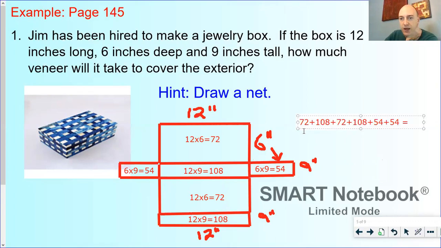And when you add these together, actually let's do this, 72 and 108 is 180. So 180 and 180 is 360 plus 54 and 54, that's another 108. 360 plus 108 is 468. And of course, these are square inches. And that's how much veneer we'll take to cover the exterior.